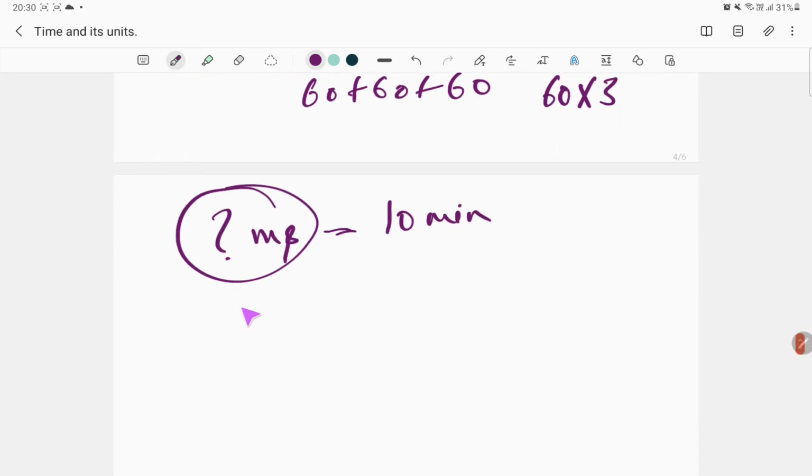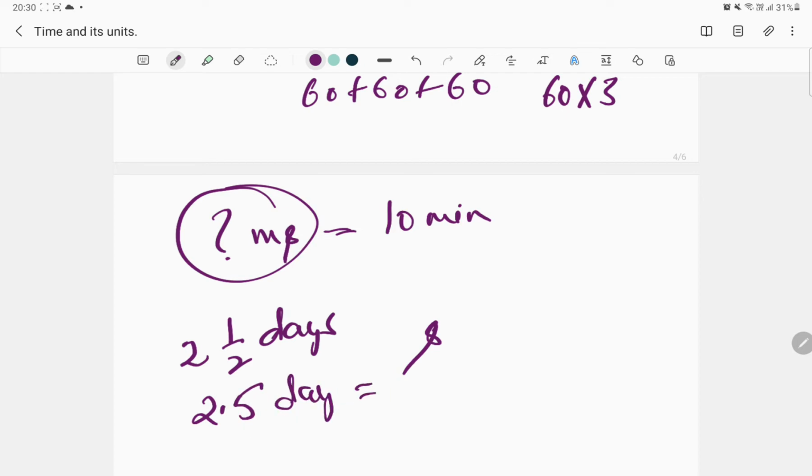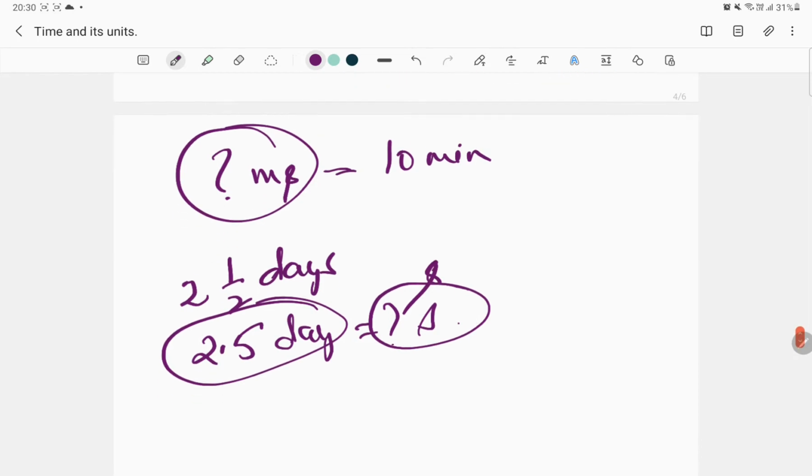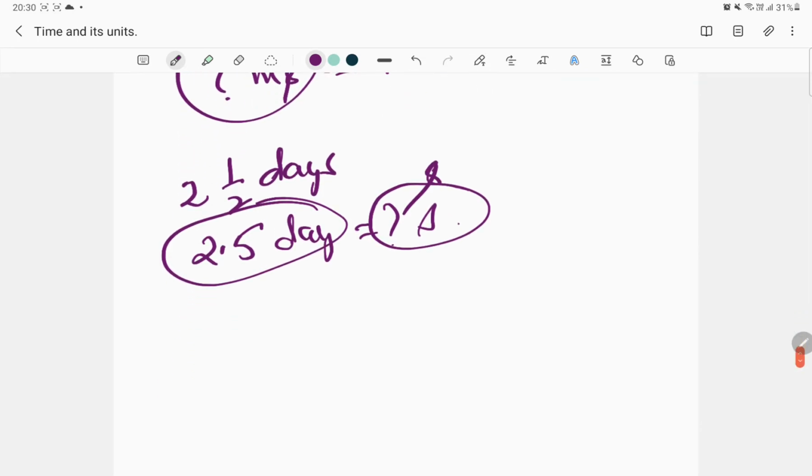Or even worse, what if I ask you how many seconds are found in 2.5 days? How many seconds are found in 2.5 days? Now, a larger unit has to be converted into a smaller unit. Remember, the process of conversion remains basically the same.